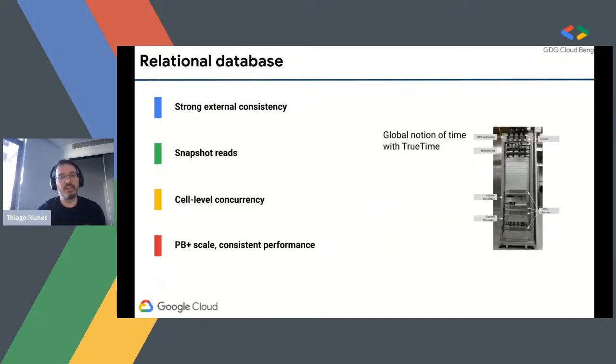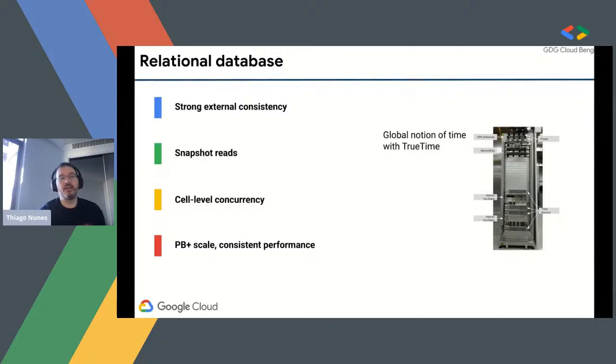Next, Spanner is a relational database, and this is very interesting. Spanner offers the strongest consistency level that you can have, called strong external consistency, or strict serializability. Under this consistency level, it seems like all of your transactions were executed sequentially.